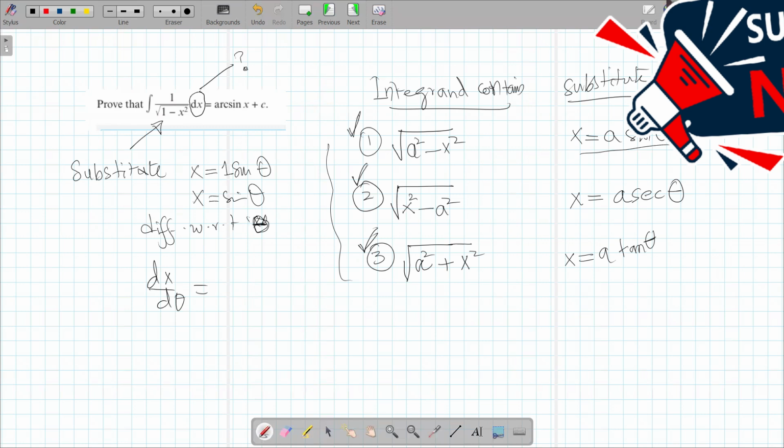Let's differentiate with respect to theta. What is the derivative of sine theta with respect to theta? It will be cos theta. Right? So what is dx equal to?